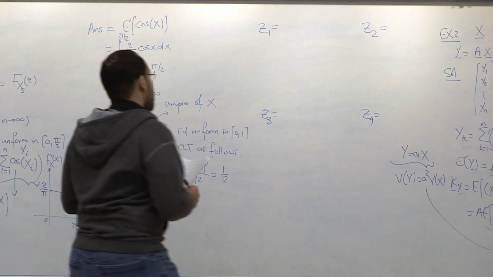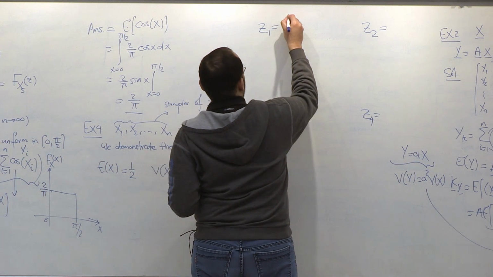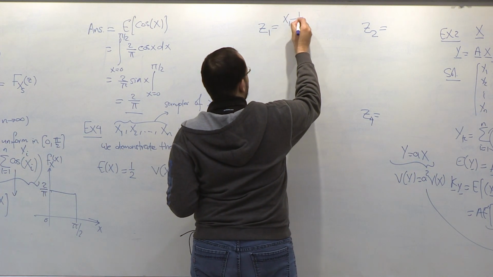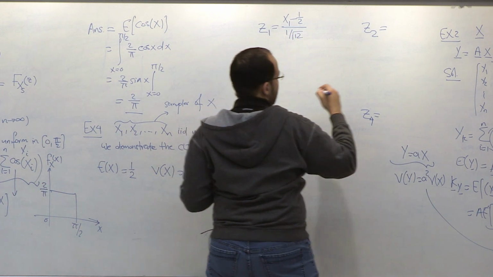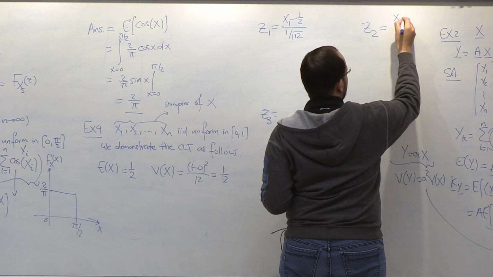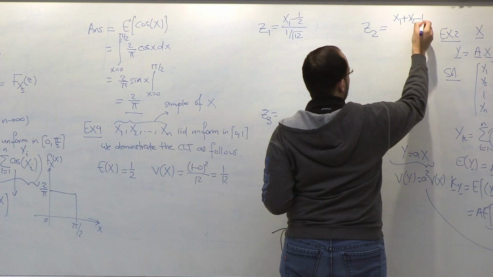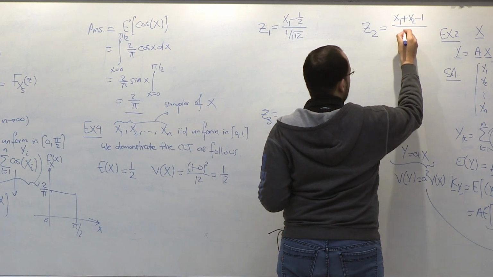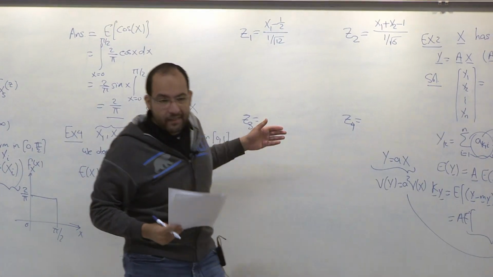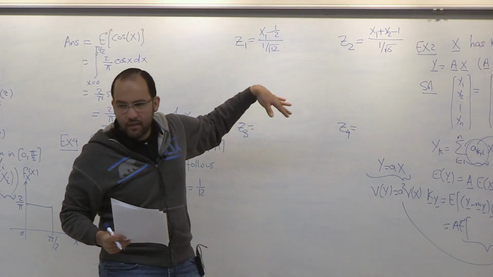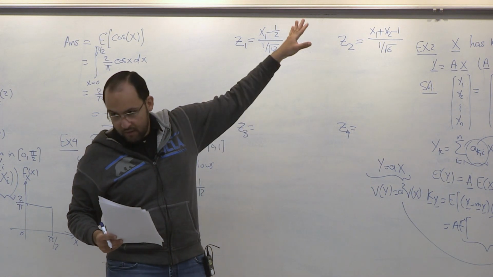So our random variable z1 will be x1 minus half over 1 over square root 12. The second one will be x1 plus x2 minus 1, over 1 over square root 6, right? Just adding another random variable and adjusting the scaling for the variance and the mean.